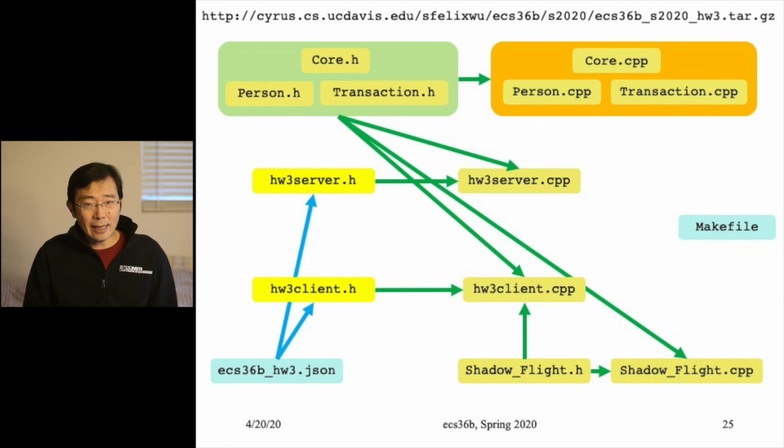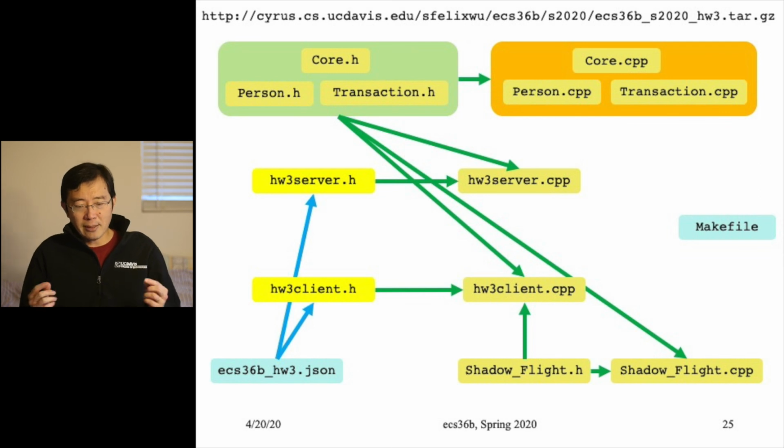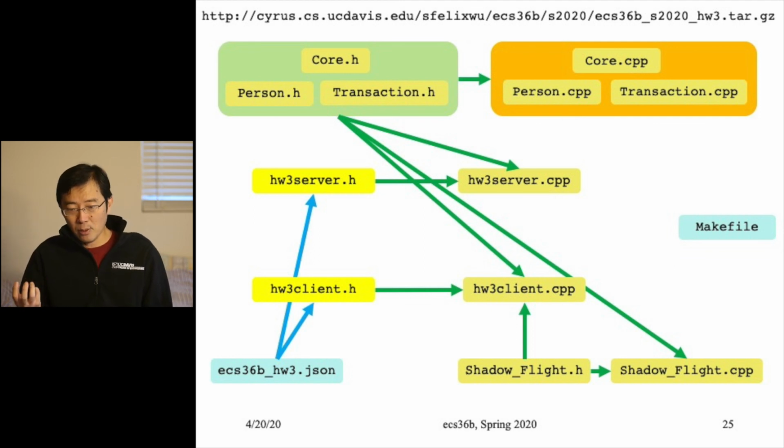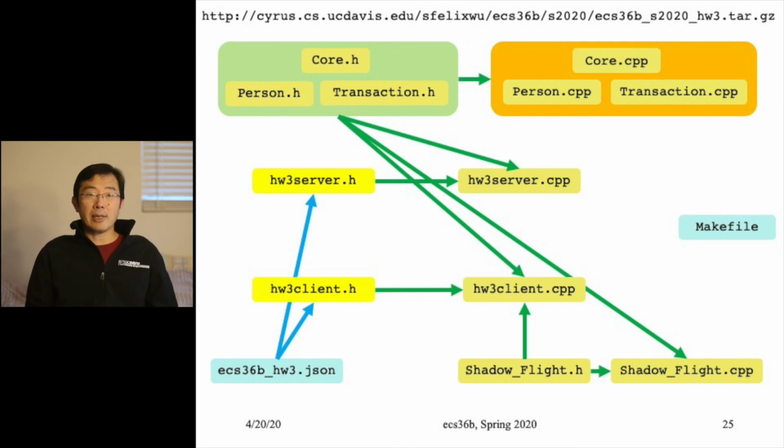And now the green link is interesting. The green link represents the dependency relationship in the compiler, so that we capture it in the make file. For example, in order to compile HW3 server.cpp, you need to have those .h files. You need HW3 server.h, and that's everything you need to compile HW3 server.cpp.